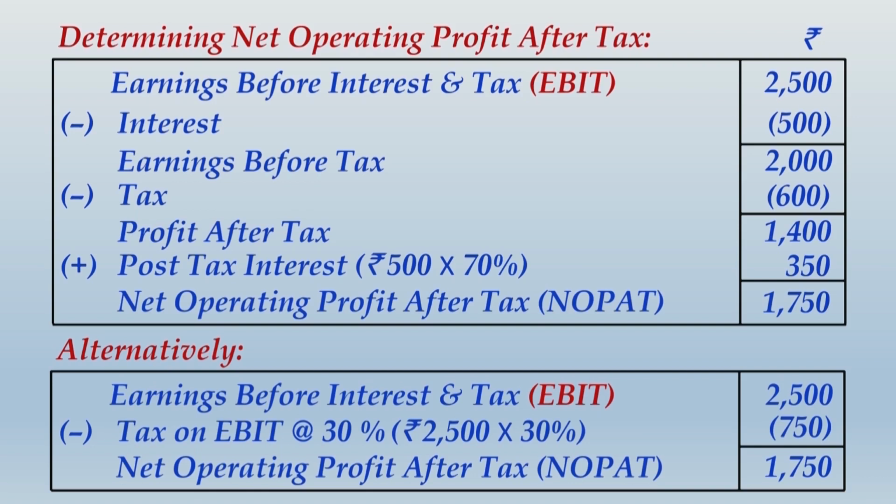Keep in your mind one thing: when you compute cost of debt, it is again the post-tax effect. So the post-tax interest amount is already computed as 350. It is 350 divided by 5000 that would give you the post-tax cost of debt. In percentage, you just multiply by 100. So it will be 350 divided by 5000 into 100, and I'm sure you would be getting that as 7%.